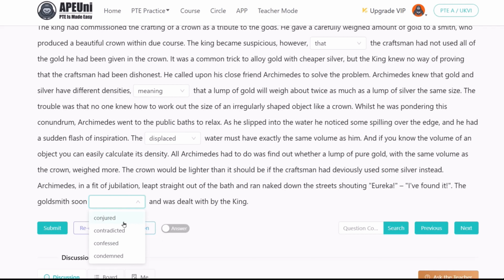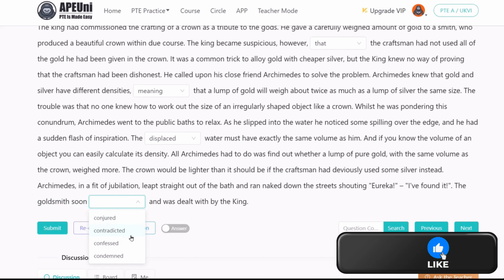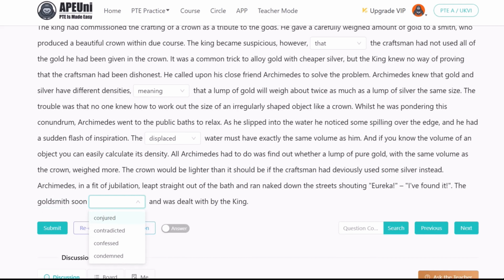Okay, let's move to the next one and see why the others are not correct. Conjured refers to creating something magically. The magician conjured a rabbit from his hat. The goldsmith did not create anything magically, right? It's not correct. Contradicted refers to opposing or denying a statement. The goldsmith admitted guilt, not denial. Where we can use contradicted: the witness contradicted the defendant's claims.